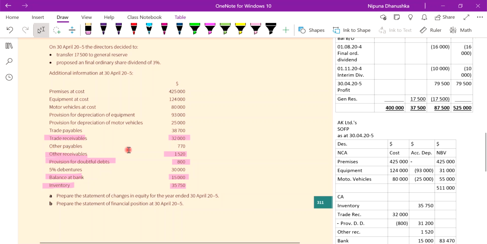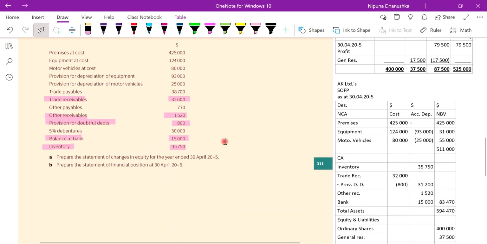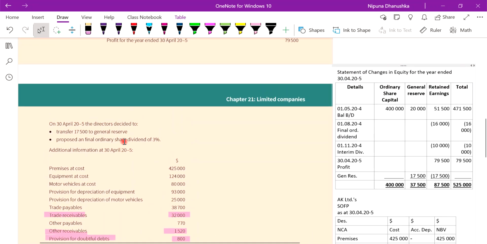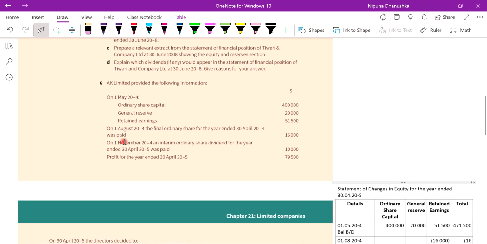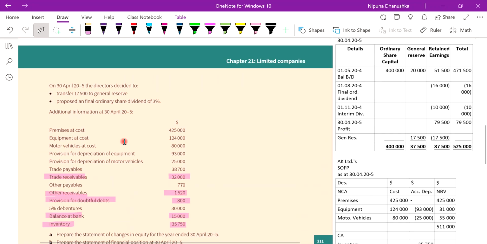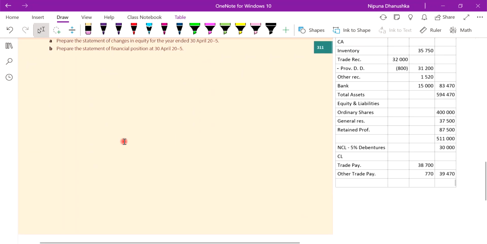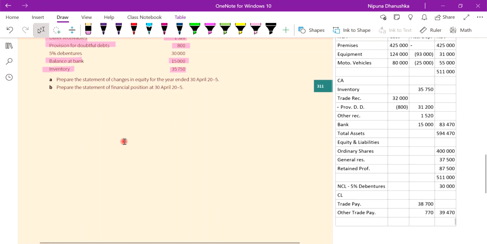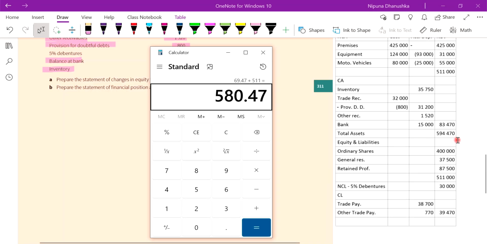Other payables 770, 5% debentures 30,000. So what's the difference? 580, 594.